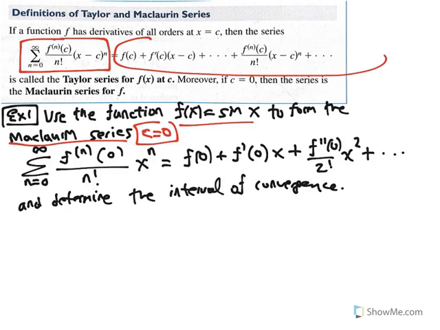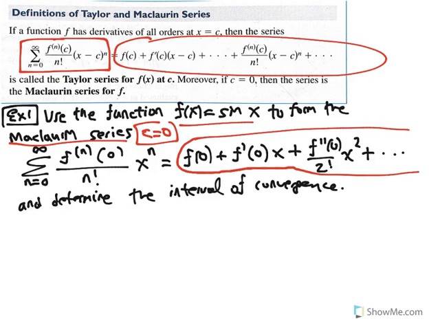This is what we need to have, and that's exactly what's given here: f of 0 plus f prime of 0 times x plus f double prime of 0 over 2 factorial times x squared, and it just keeps going forever. So we want to form the Maclaurin series for the function sine x using this definition, which relates back to what we did in 9.7 with Maclaurin polynomials, and determine the interval of convergence.